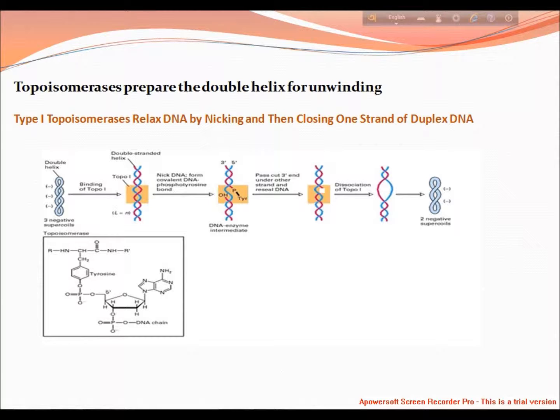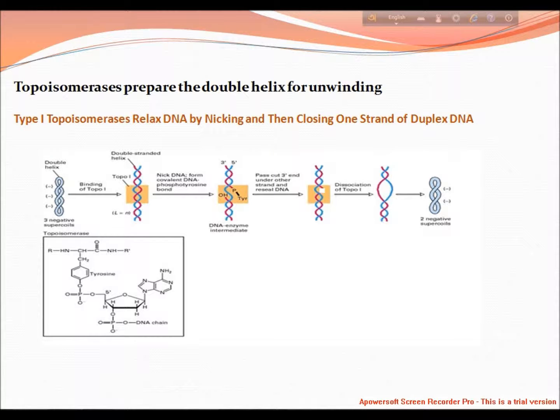The first topoisomerase to be discovered, E. coli topoisomerase 1, can remove negative supercoils without leaving nicks in the DNA molecule. After the enzyme binds to a DNA molecule inside the cavity of topoisomerase, the hydroxyl group of tyrosine 723 attacks a phosphate group on one strand of the DNA backbone to form a phosphodiester linkage between the enzyme and the DNA.